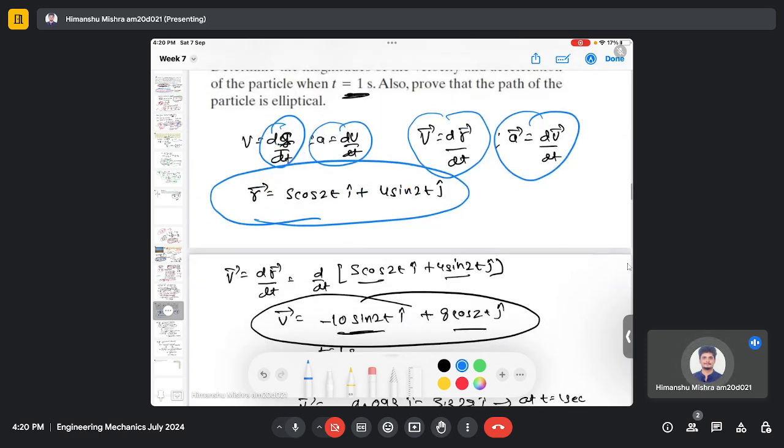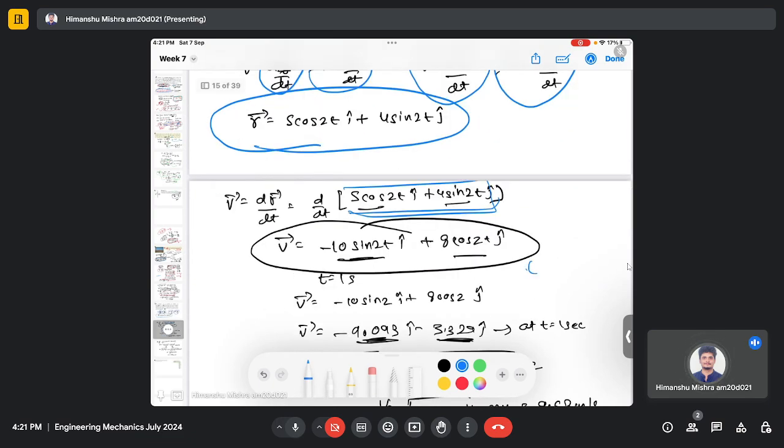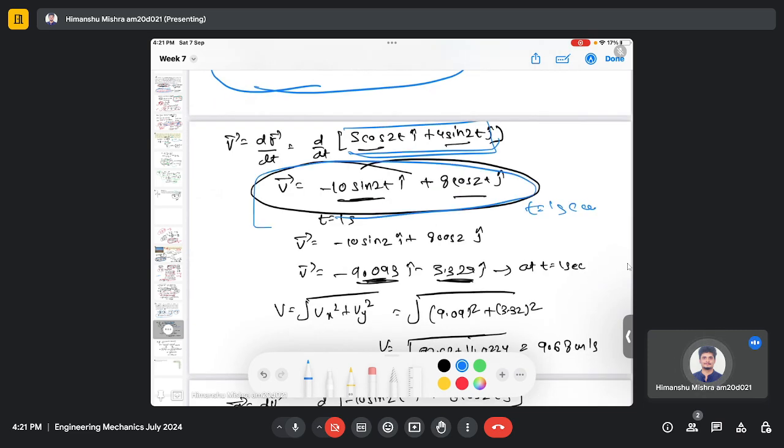So to find the velocity, we use the position vector. We differentiate with respect to time, and at time t equals 1 second, we are able to get the velocity vector. Earlier we used the rate of change of scalar position in time, so we got the velocity, which was a scalar quantity. But now it's the rate of change of position vector in time, so the output will be a vector as well, the velocity vector.